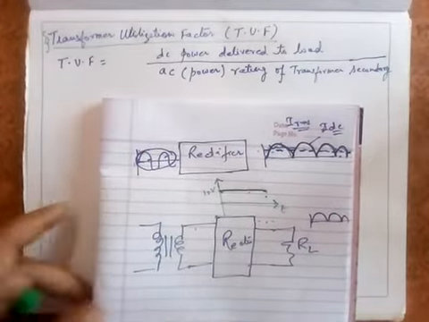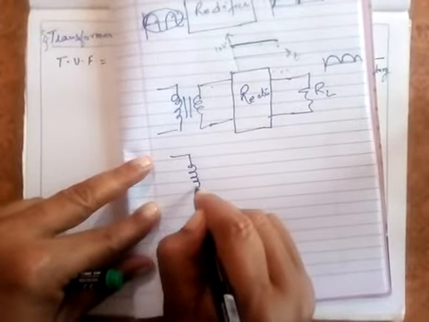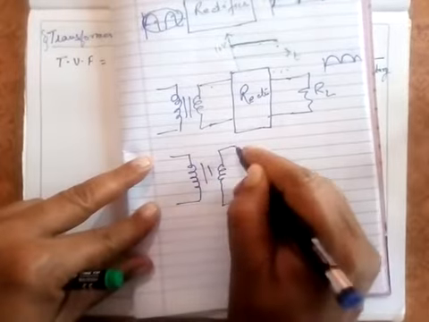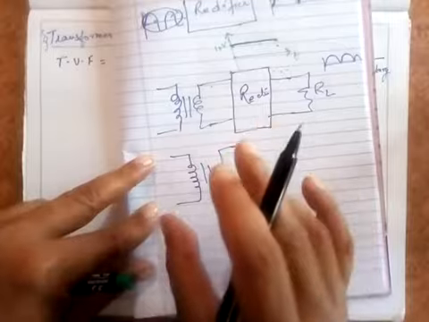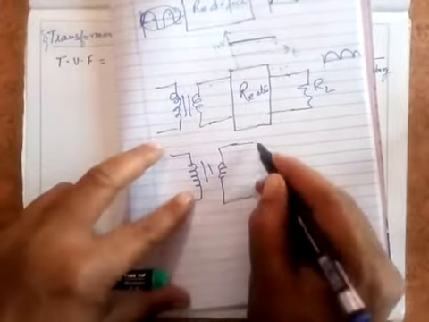Now the point is that every transformer has a primary and a secondary. All transformers are manufactured in order to supply or handle certain power to a load.